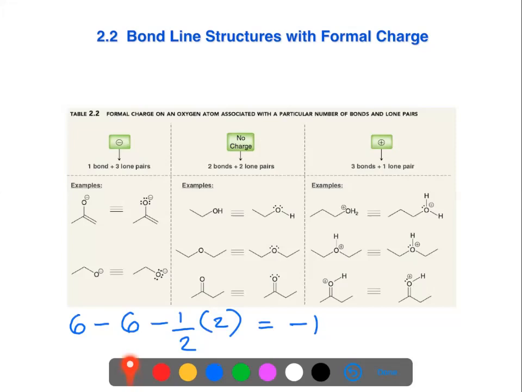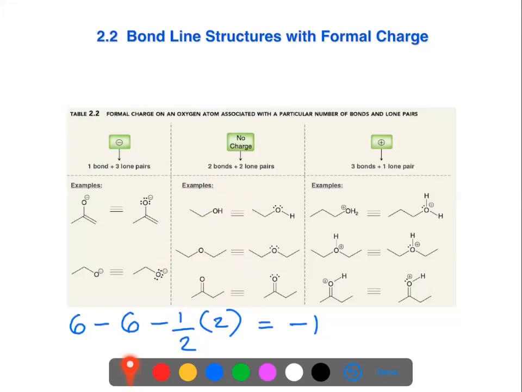In this next example, we see that these are examples where we have oxygen in its neutral state. And again, no formal charges associated with these oxygens, and so we would assume there are 2 lone pairs associated with that oxygen. That is the preference for oxygen. As we mentioned in the previous section, oxygen normally has 2 bonds to its neighbors in its neutral state and 2 lone pairs.